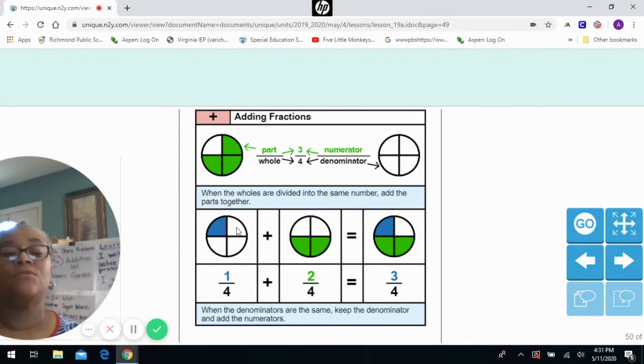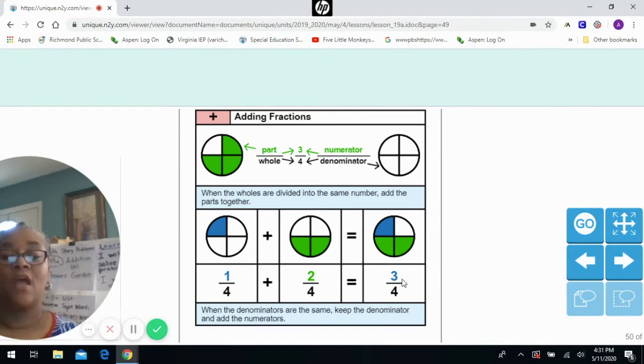All right, and then look at this one. We have how many of these sections colored? Two of them colored. So the numerator will be 2, and the denominator, all of them, will be 4. So when we add all of these together, we add all of the colored parts. 1, 2, 3.